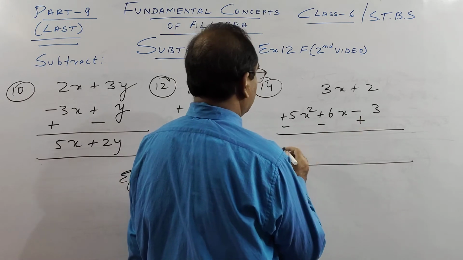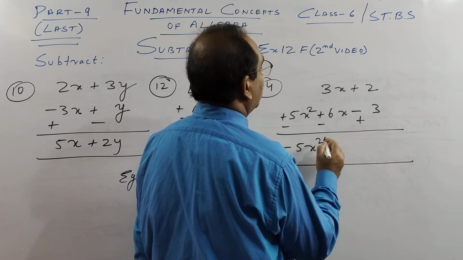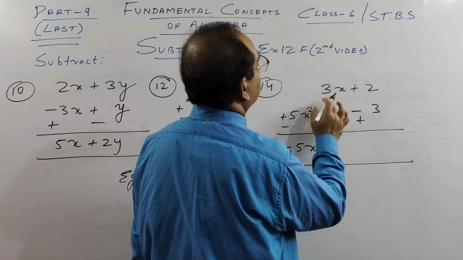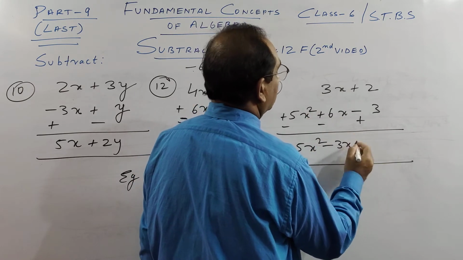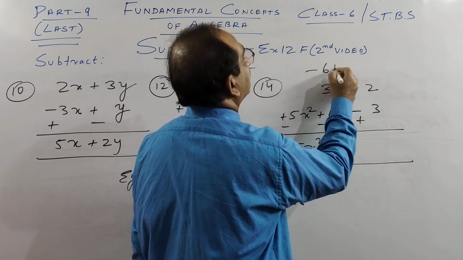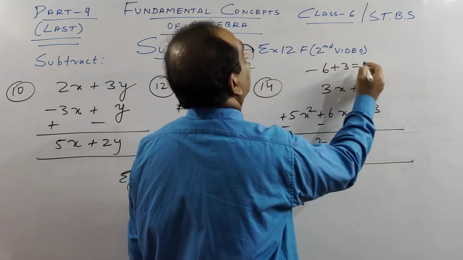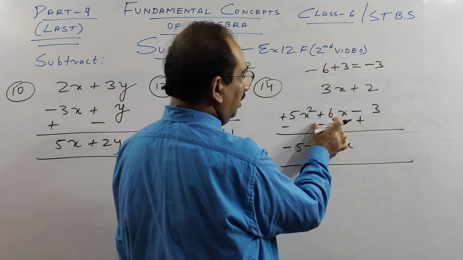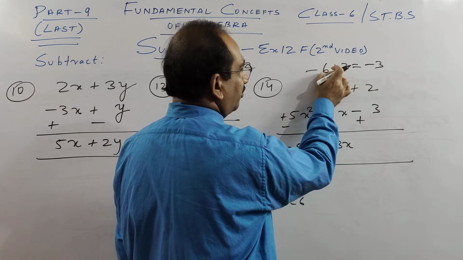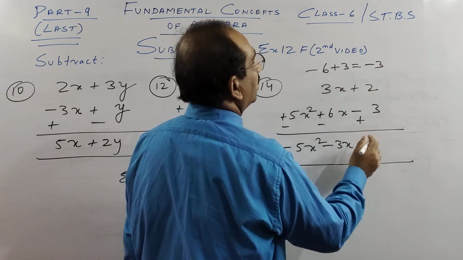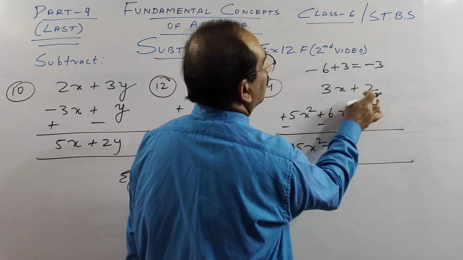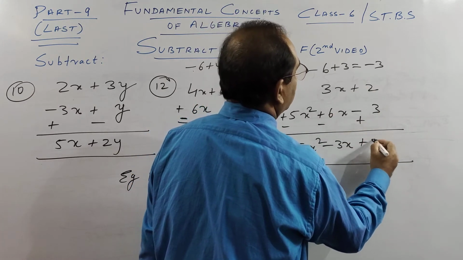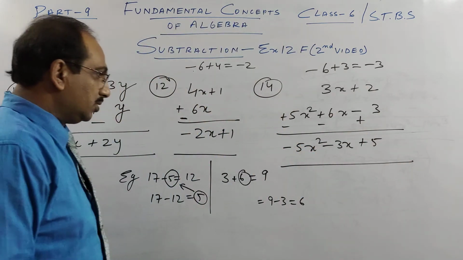So this becomes minus 5x square, minus 6x plus 3, minus 3x. So minus 6x plus 3, same logic, children, is minus 3. Minus is bigger, subtract the smaller from the bigger and put the sign of the bigger. So don't see minus, plus 2 plus 3 is plus 5.